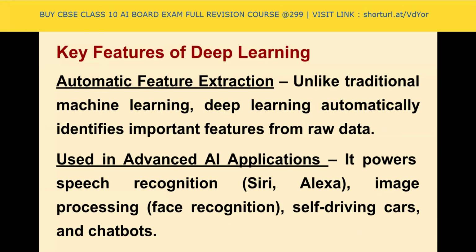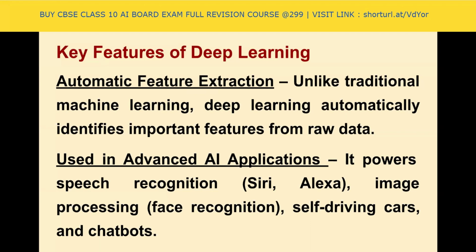Automatic feature extraction, unlike traditional machine learning, deep learning automatically identifies important features from raw data. Used in advanced AI applications, it powers speech recognition, Siri, Alexa, image processing, face recognition, self-driving cars, and chatbots.